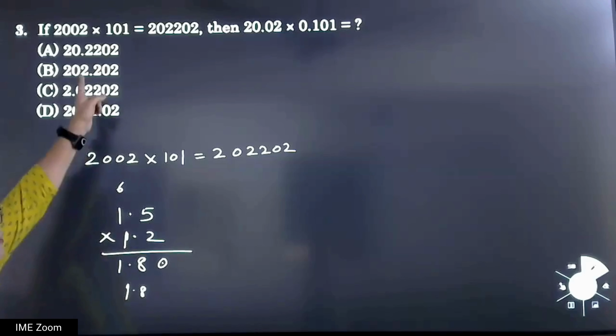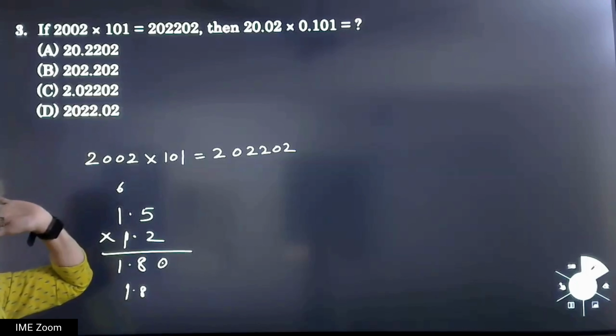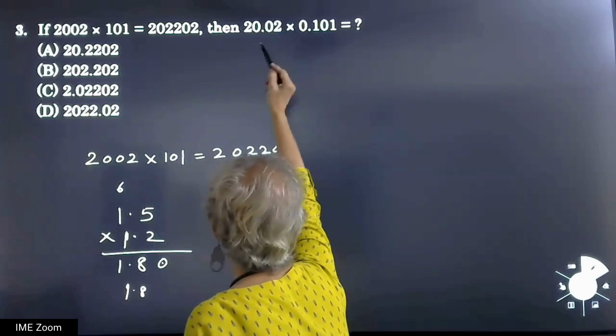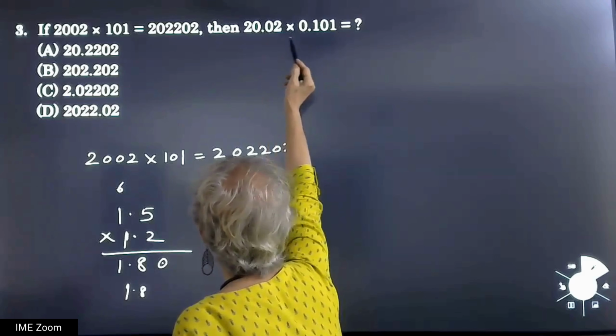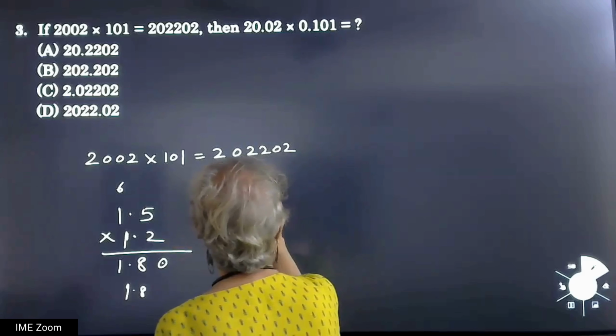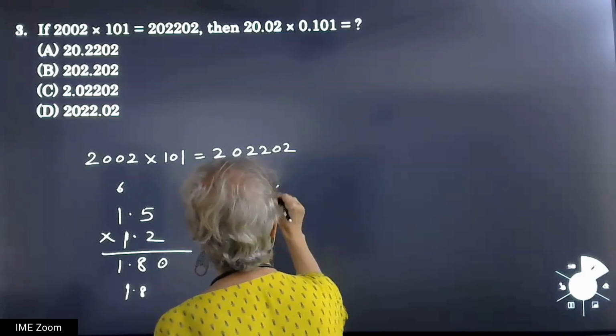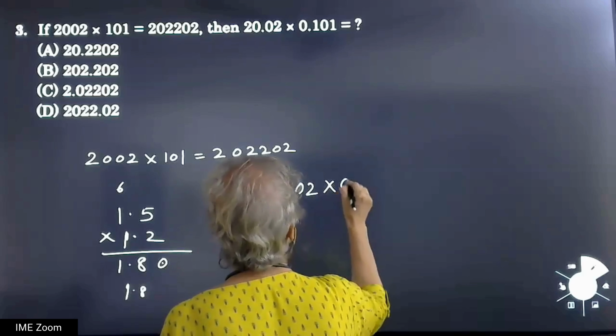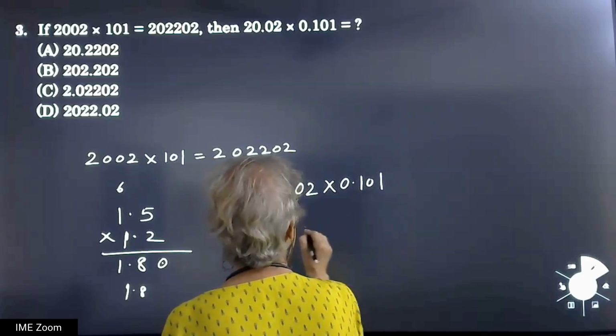Okay, so the same rule we have to apply here. See, now the numbers are the same. If you ignore the decimal points, it is 2002 and 101, the same, so the product also will be the same. Only the question is of the decimal point. 0.101, right?